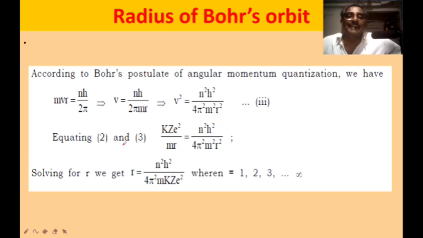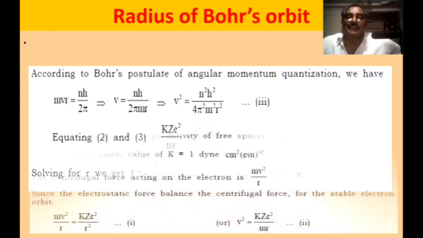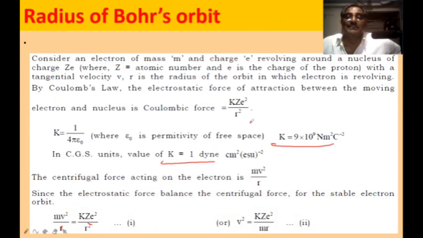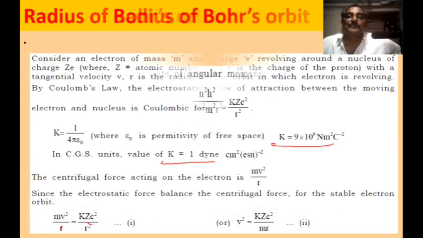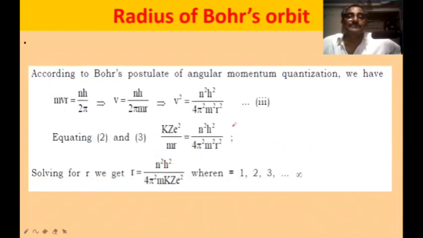On equating 2 and 3, that is the values of v square, we get k z e square by mr is equal to n square h square by 4 pi square m square r square, since the right hand sides of the third equation and the second equation are the same.